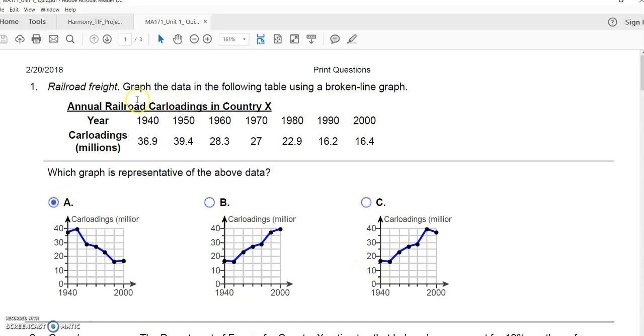So automatically, you know from the first data point that it's A. Just to do a check, you can also look at the last one. In 2000, the data should end with 16.4. So 2000 is here, 16.4, slightly above 15, which is correct. So the answer would be A.